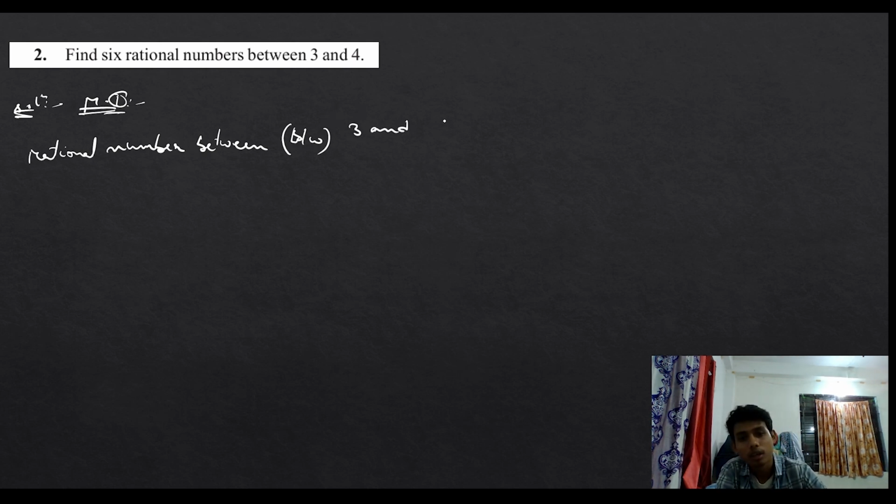The rational number between 3 and 4 is equal to 3 plus 4 divided by 2. 3 plus 4 is equal to 7 by 2. Therefore, 3 is less than 7 by 2 is less than 4.